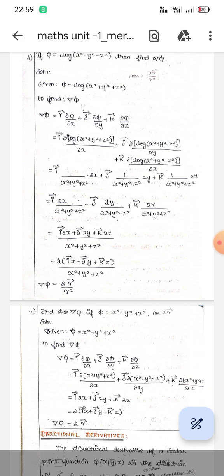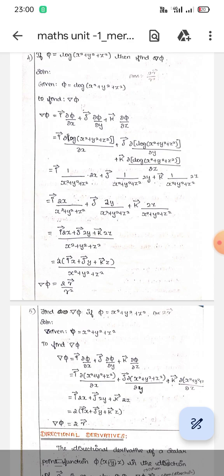In your numerator value, 2 is common. So taking 2 outside, 2 into xi vector plus yj vector plus zk vector, divided by x square plus y square plus z square. We already know that r vector is equal to xi vector plus yj vector plus zk vector.